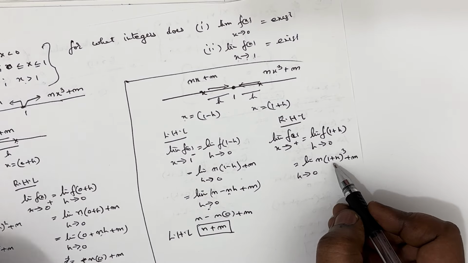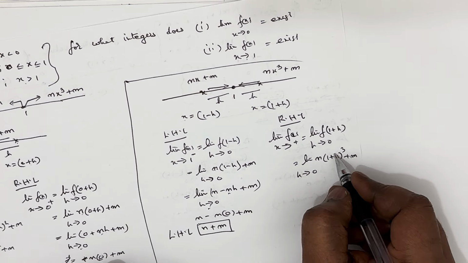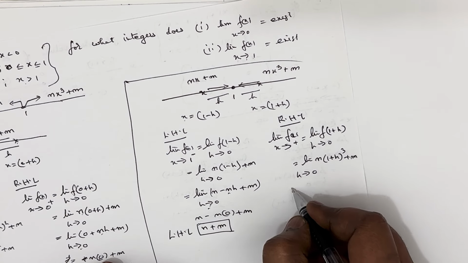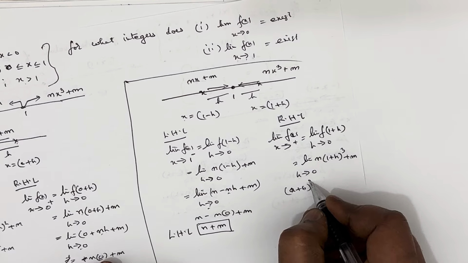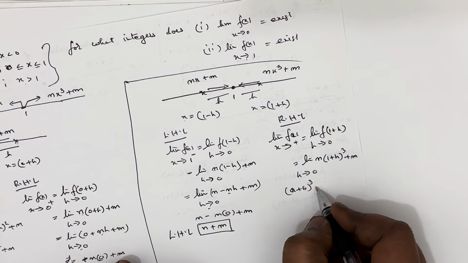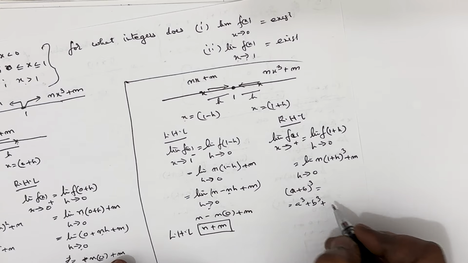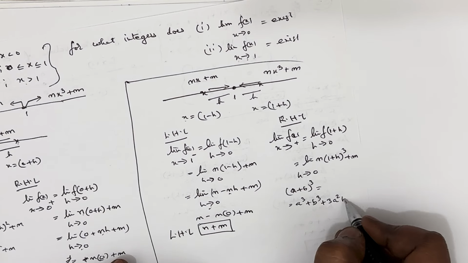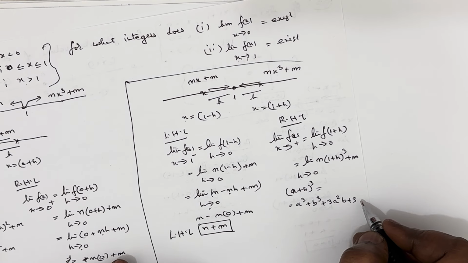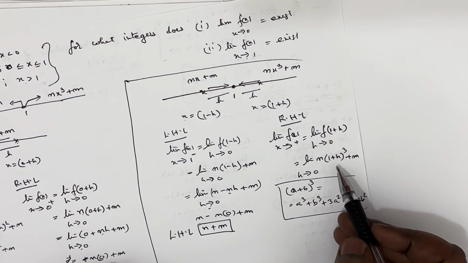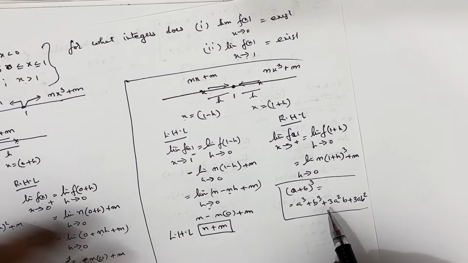Now this is 1 plus h whole cube, so as a formula, (a plus b) whole cube is equal to a cube plus b cube plus 3a squared b plus 3ab squared. So let's expand it in this form.